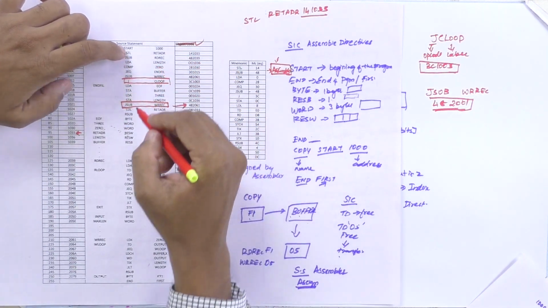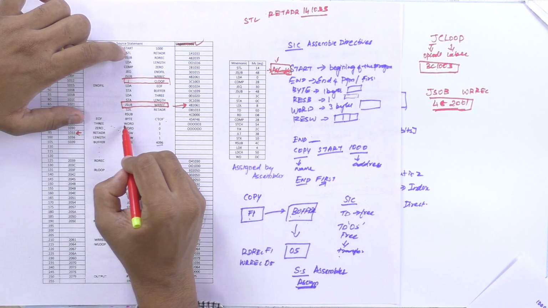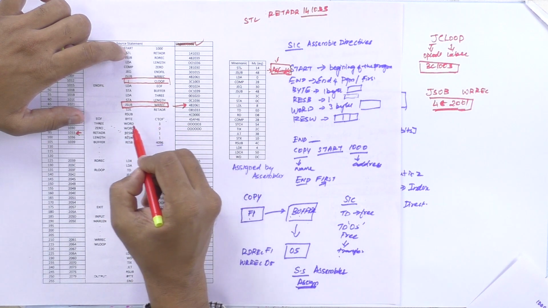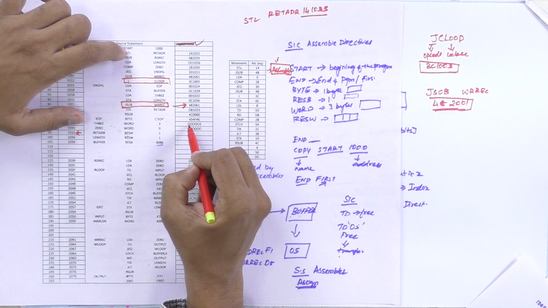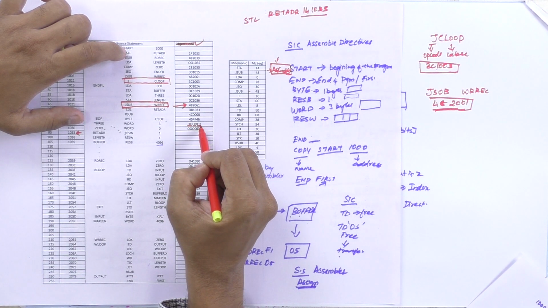This is about instructions. Then suppose you go for WORD. What WORD does is it will just write the value, that is, a word is 3 bytes. If it is 3, it is written as 000003, represented in 6 digits. So the first bytes will be 0, and the last byte is 3.